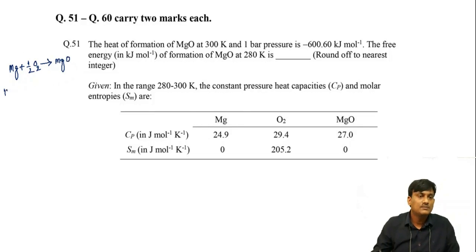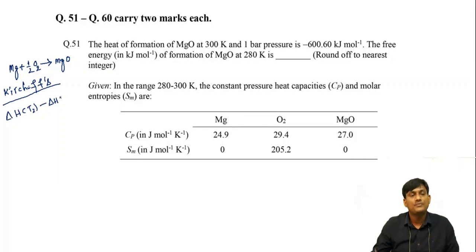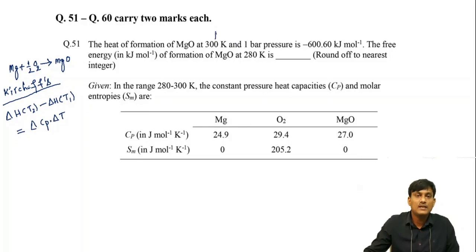We know that from Kirchhoff's equation, delta H at temperature T2 minus delta H at temperature T1 is equal to delta Cp into delta T. Let us take 300 Kelvin as T2 and 280 Kelvin as T1.